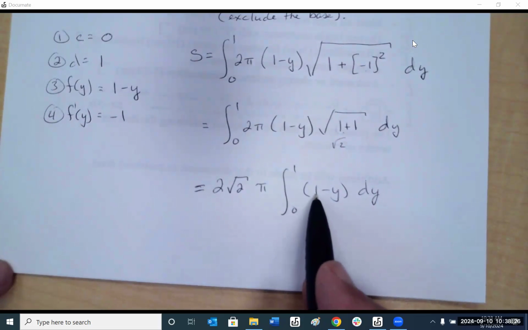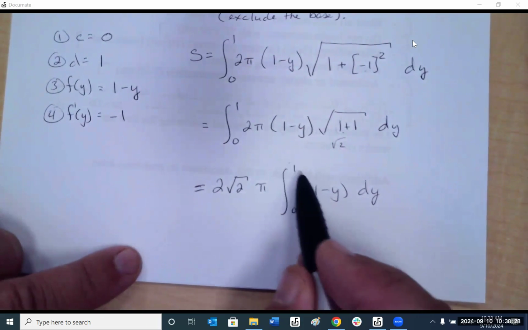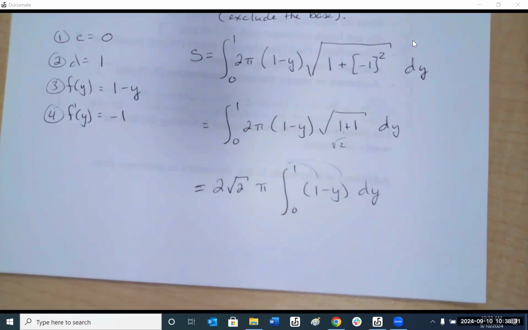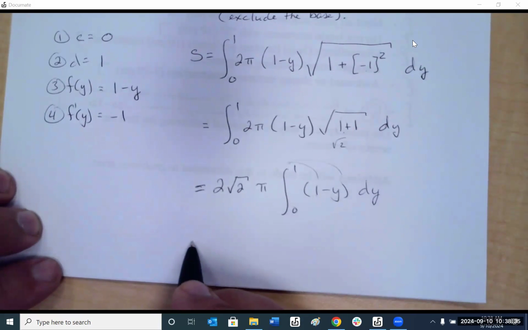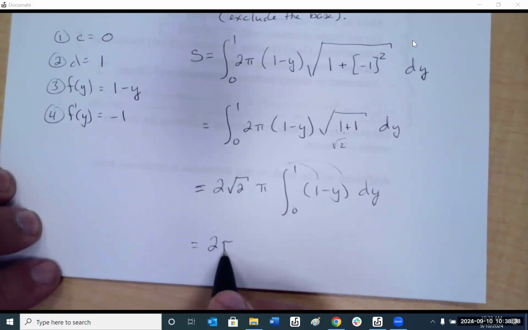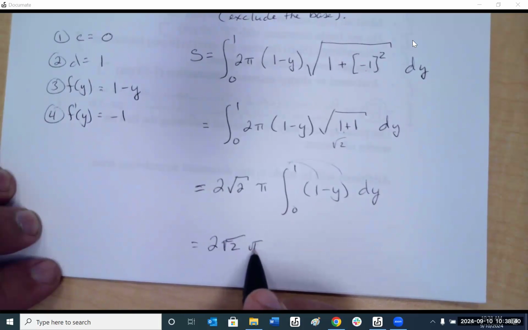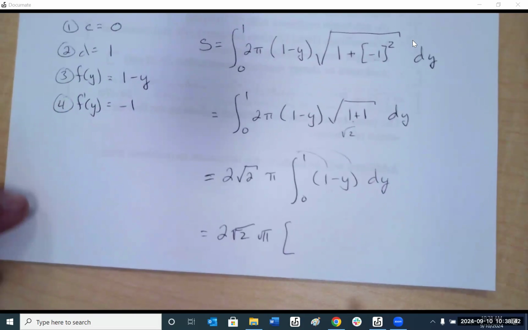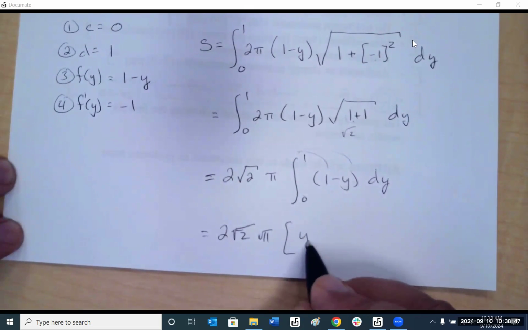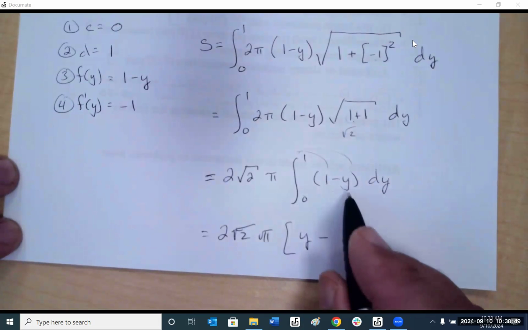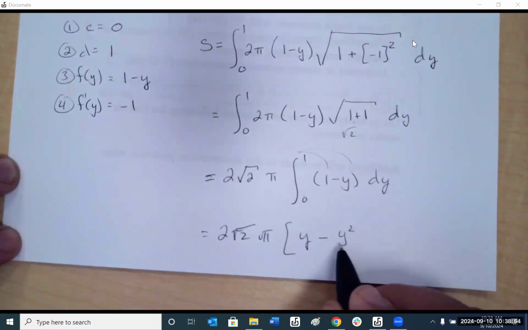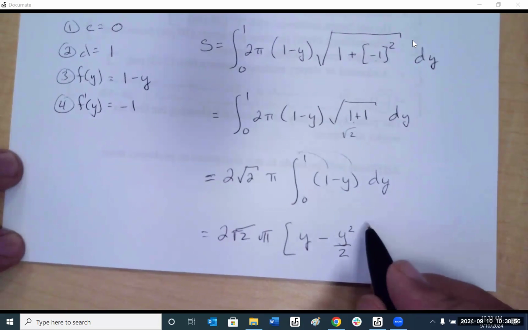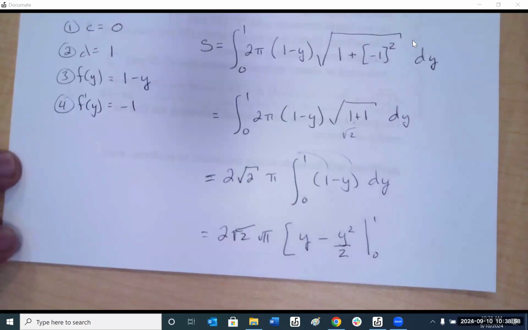But at this point, I can distribute that integral to both of those if I wanted to. Or I can just take the integral of this. So what would the integral be? So what's the integral of 1? Y. What's the integral of y? Y squared over 2, from 0 to 1.